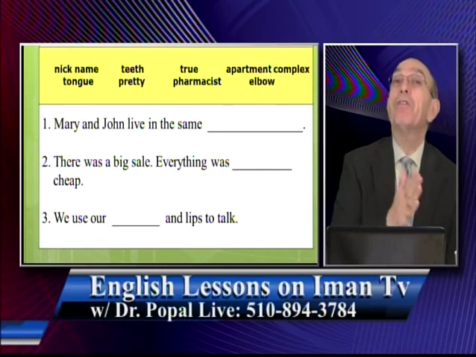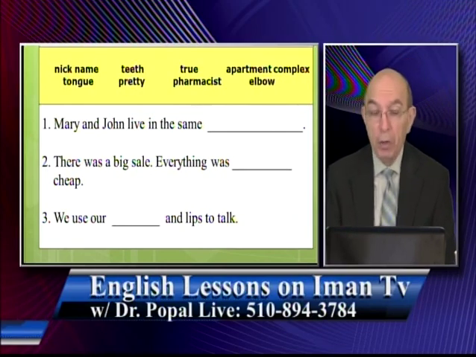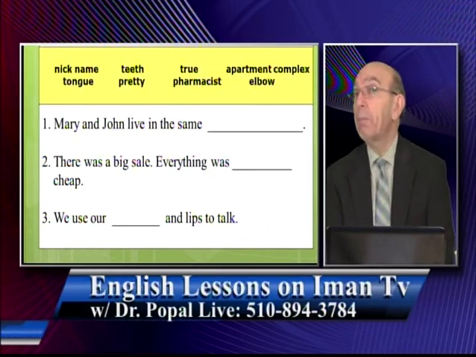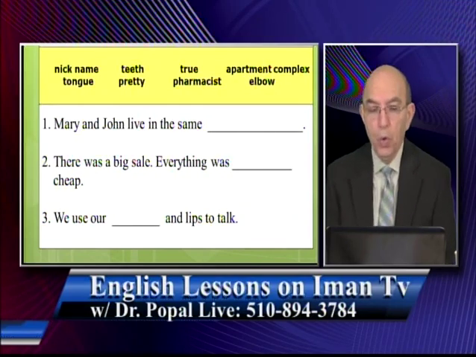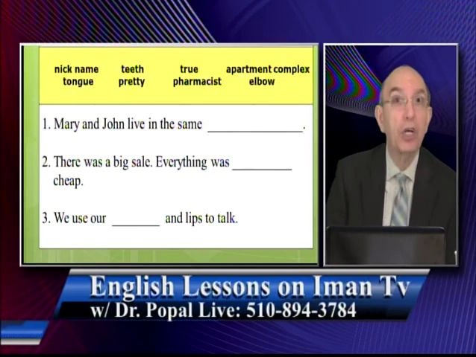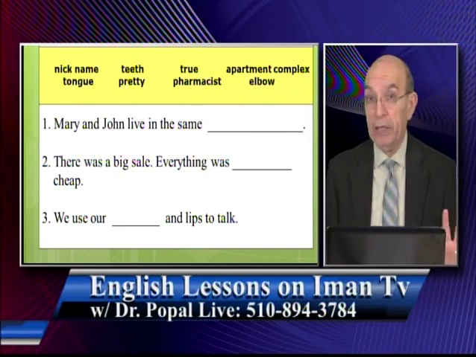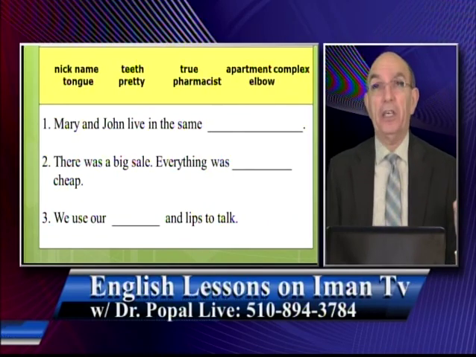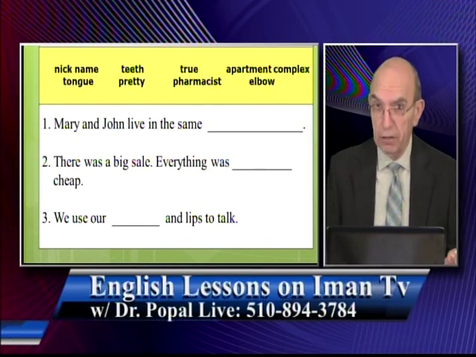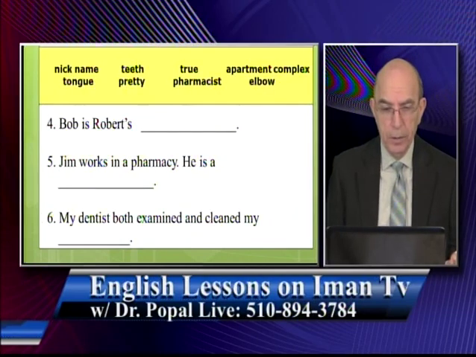What can you put in front of cheap in this sentence? We use our blank and lips to talk. So which of these words will fill this blank correctly? Now we're going to go to the next page, and I give you time to think and then choose carefully which word could go in what slot.